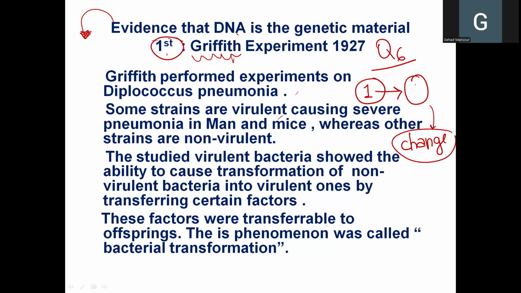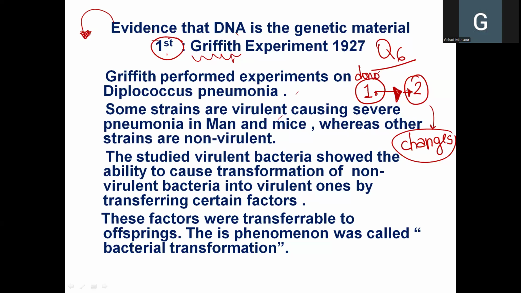So cell number 1, cell number 2: a substance can be transferred across the cell membranes from one cell to another, and not only be transferred, but cause changes in the properties of the recipient cell.